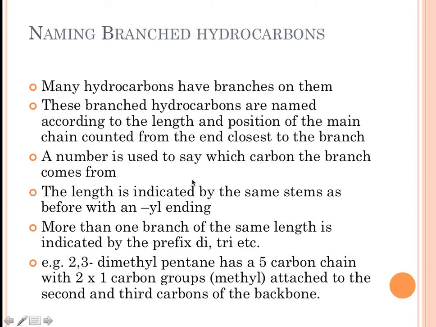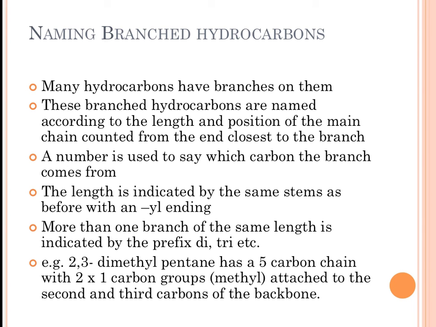Still staying with our hydrocarbons, ones that only have carbon and hydrogen in them, the other thing we can have is a branch. Many of them will have branches on them, and we name them according to the length of the branch and the position of it counted from whichever end is closest to it.